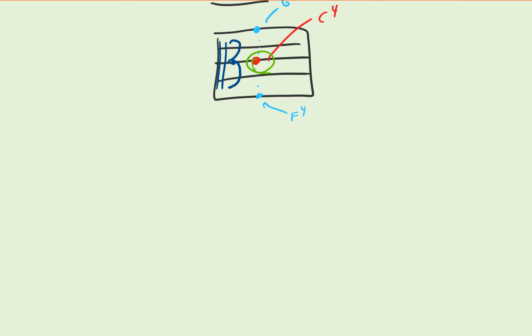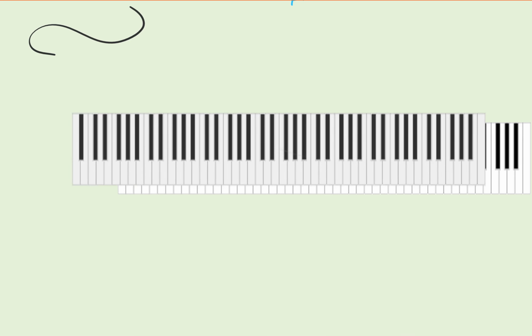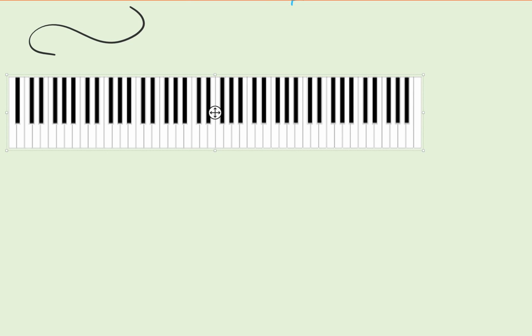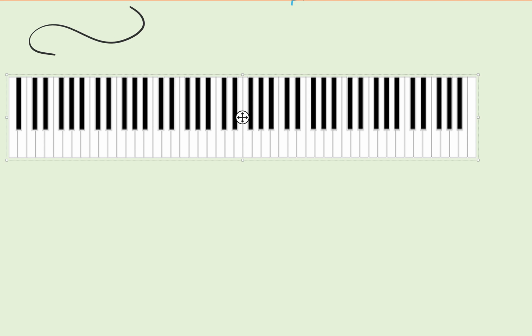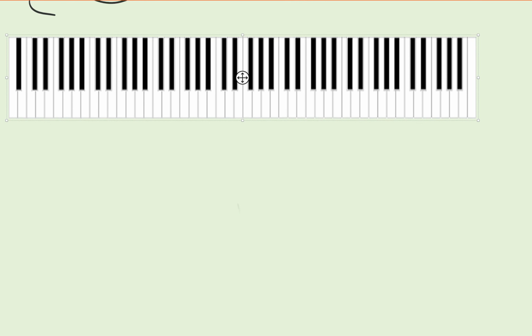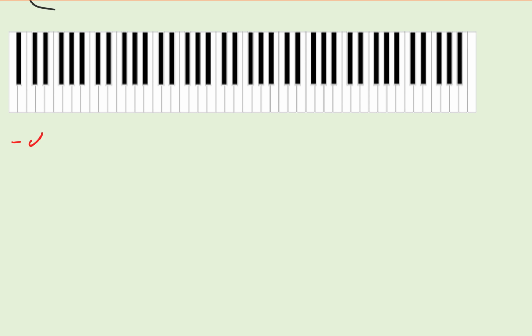So now let's bring up a piano picture to describe where to find all of these things. Alright, so this is a standard piano setup, and let us define where everything is going to be located. The first thing you want to do is find 2 black keys.